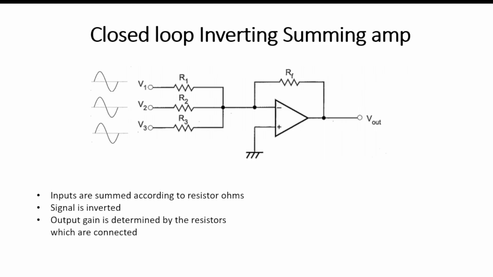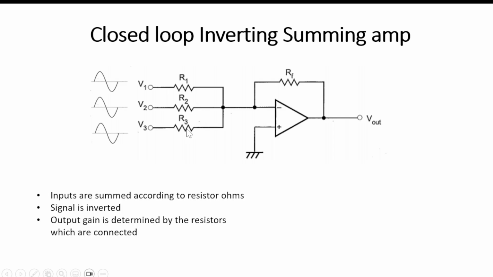And finally, a closed loop inverting summing amplifier. In this situation, I am taking 3 separate signals coming in with 3 different resistance values into the inverting terminal, and the output will then be the sum of those 3 signals. Now, how much of each signal is added is going to be dependent on the size of each of these resistors.